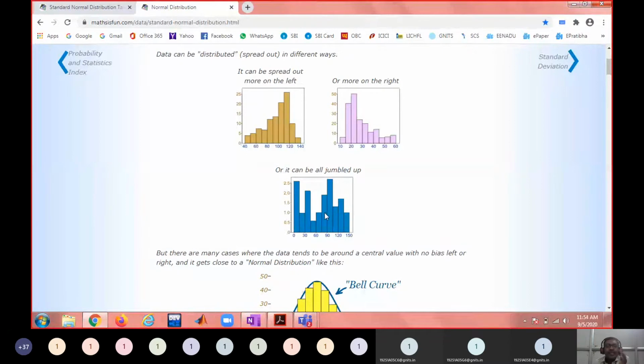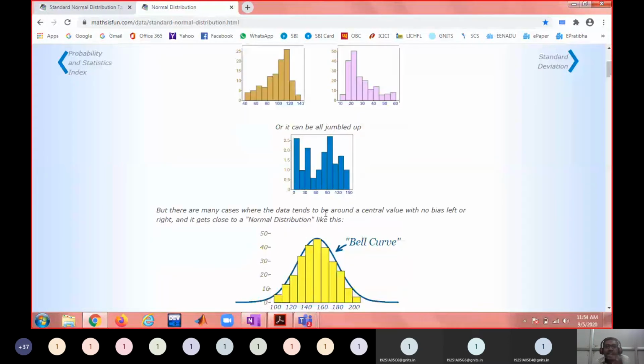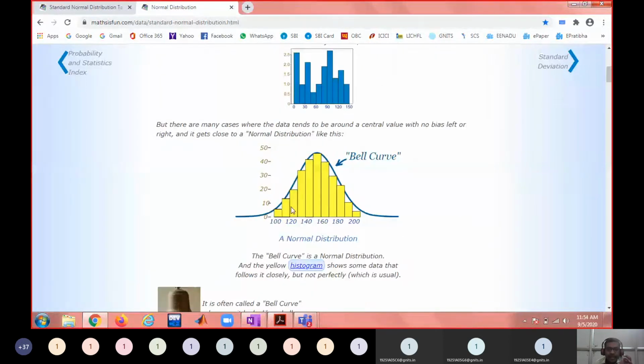But most of the problems you will see are on discrete probability distributions. If you draw the histogram or frequency distribution, it looks almost like a bell-shaped curve, right? So we approximate this discrete distribution with the normal distribution.